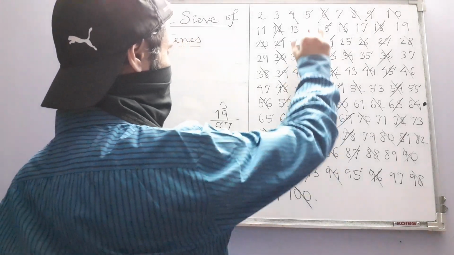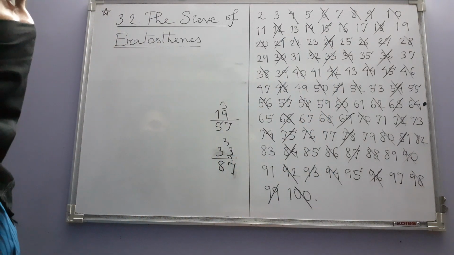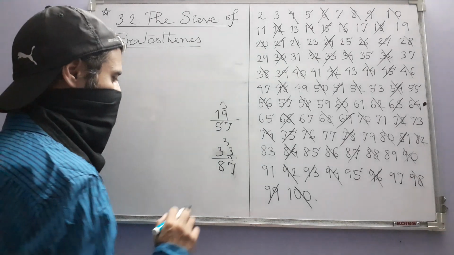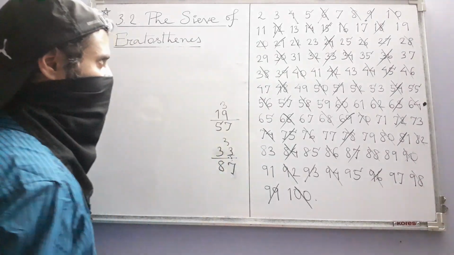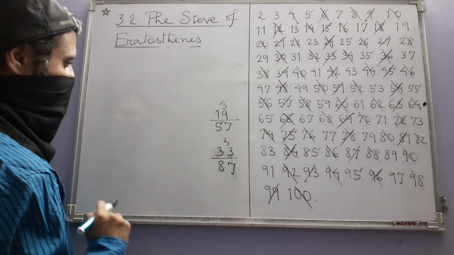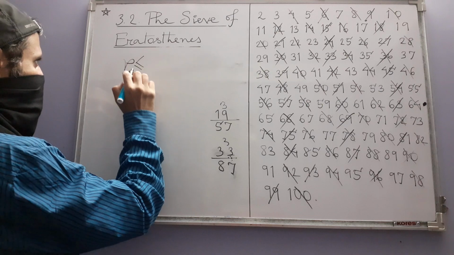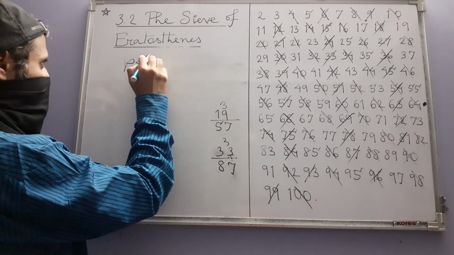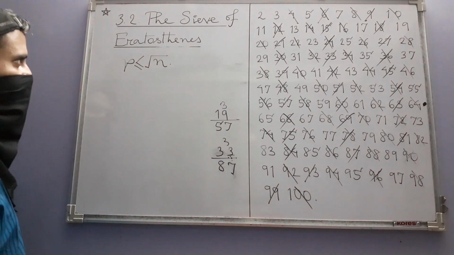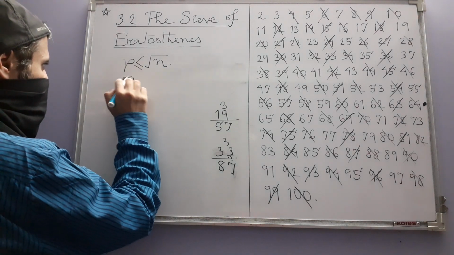Then in this process next comes 5. Okay, and you know that 5 is a prime. And in fact what we said before the beginning of the process is this, no? You strike out all the multiples of those primes that satisfy this inequality, and our n now is 100.